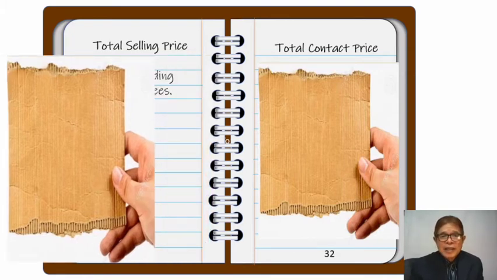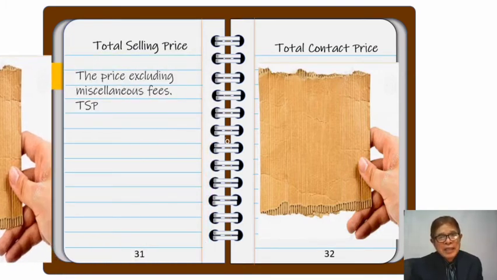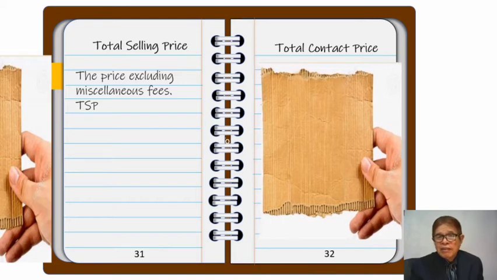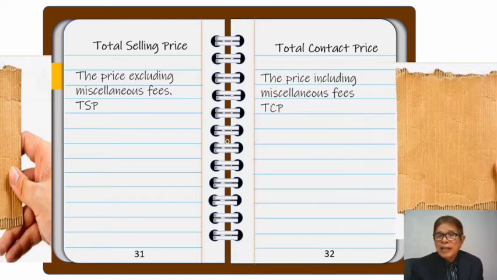What is total selling price, or TSP? It is the price excluding miscellaneous fees. What is total contract price? It is the price including miscellaneous fees. We call this TCP, total contract price.